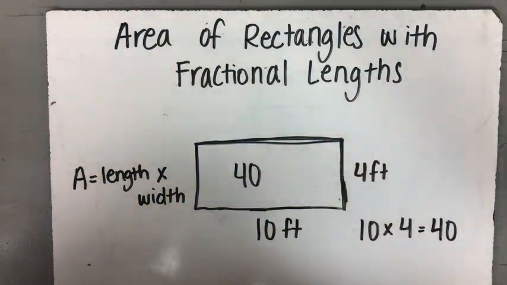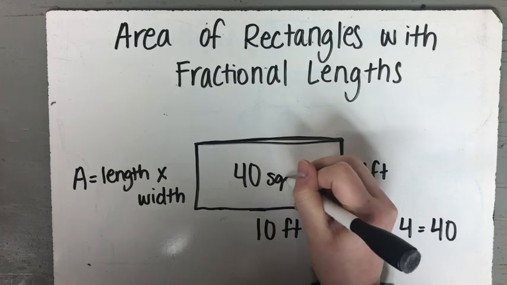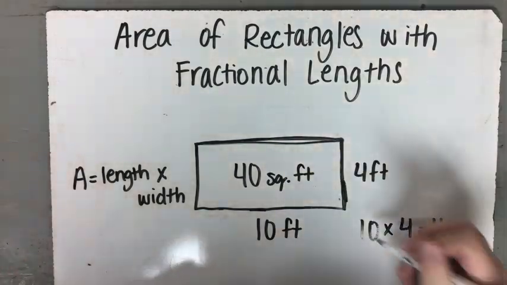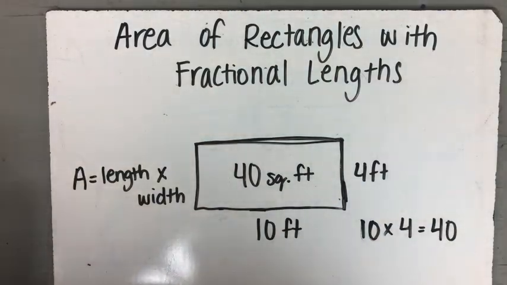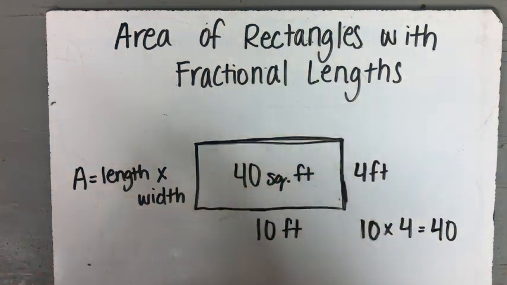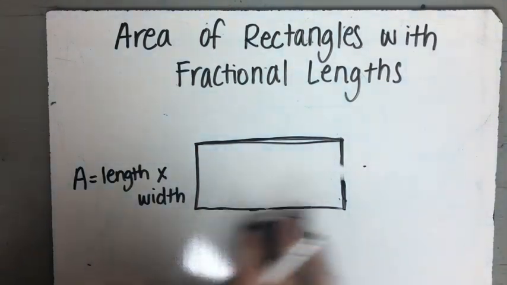So to write the unit or the label the correct way, you would write squared feet. So you don't just write feet, you have to write squared feet, because squared feet shows that you found the area of the shape. You found all this space on the inside. Okay, so that's just a review of area.